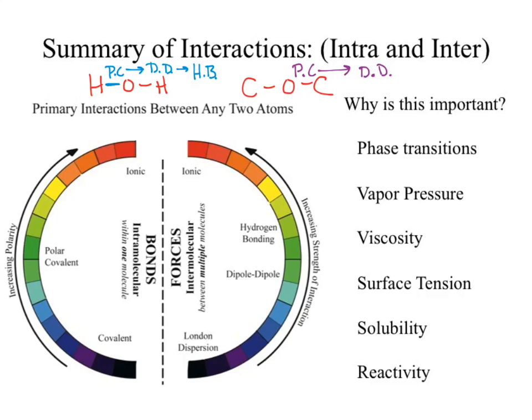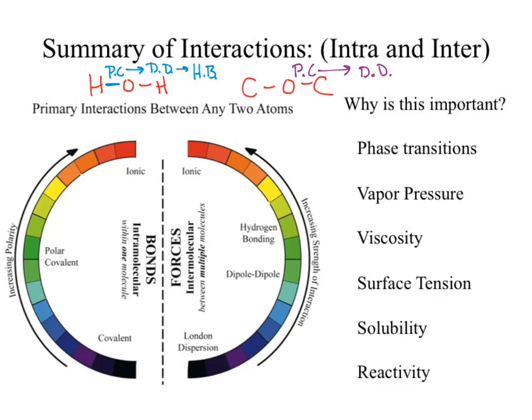Does it get stronger when we go to bonds? This is where it gets tricky. There is no assumption of bond strength. In fact, if we look at bond strength, which bond is actually stronger? Our covalent bond is stronger. Why?